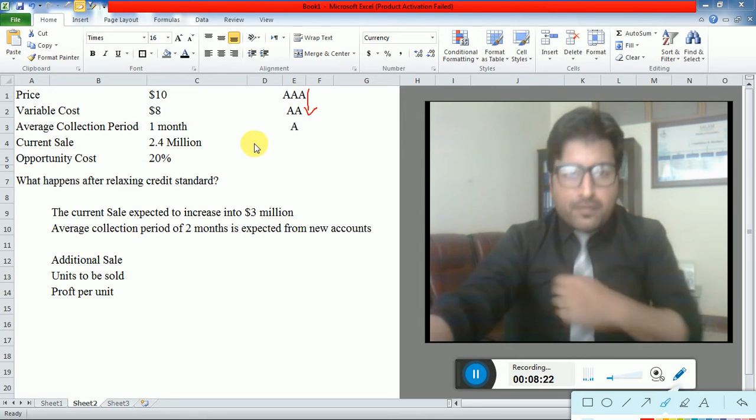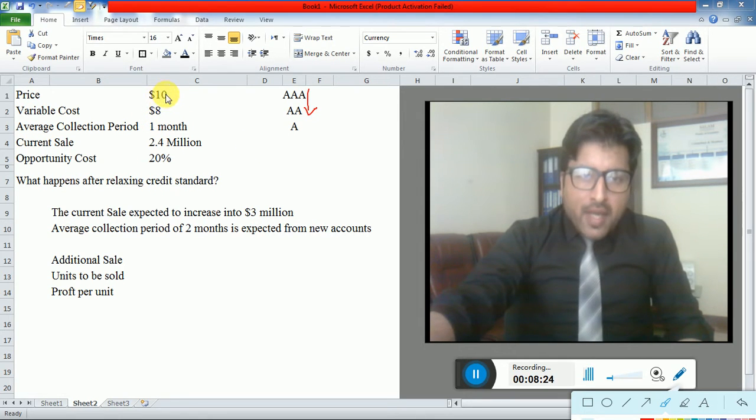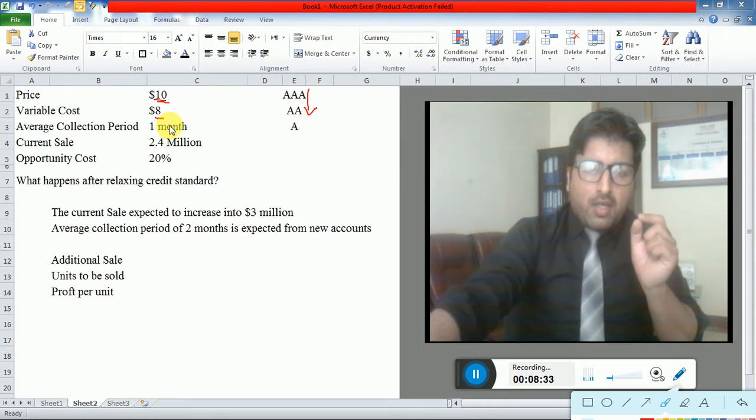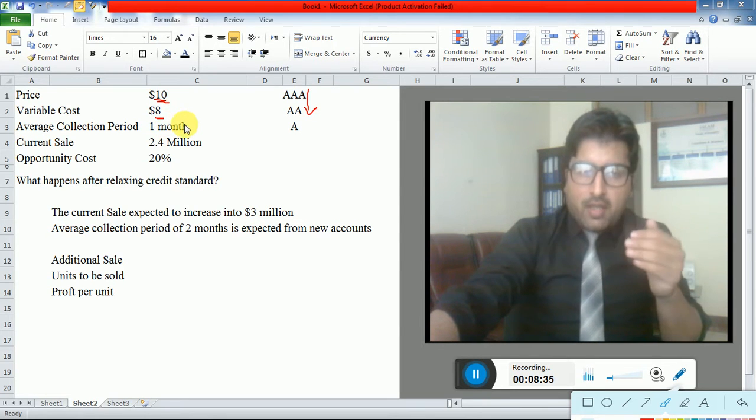Okay, so the current price is $10 and the cost is $8. If they produce one product extra for the purpose of a new, additional sale, then they are incurring $8 variable cost.